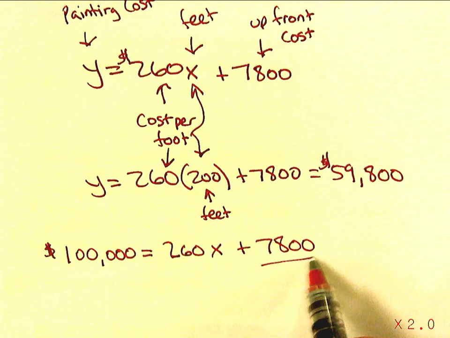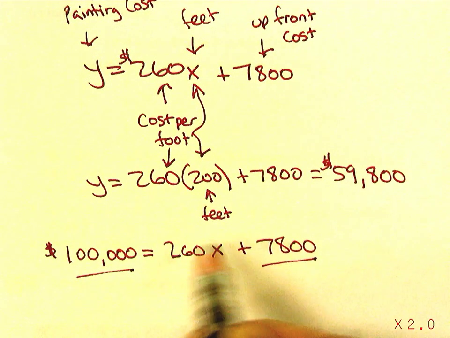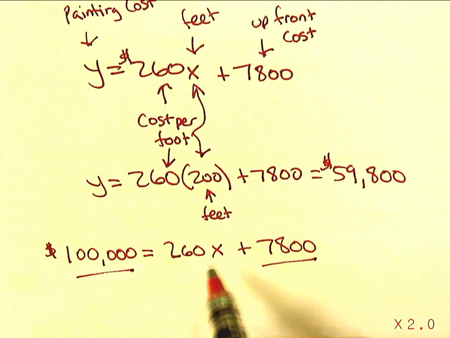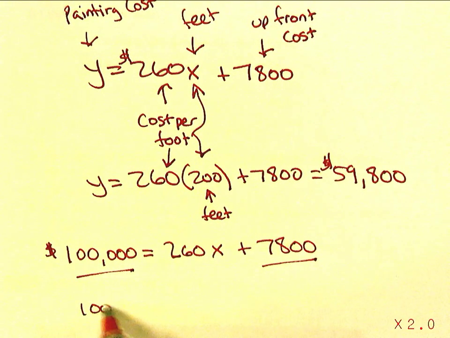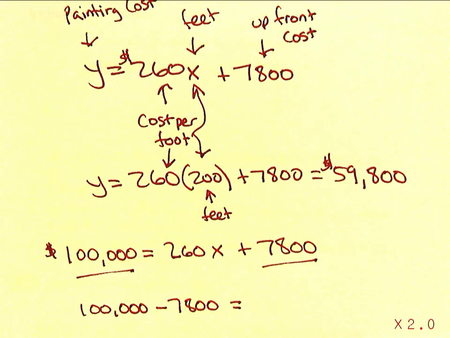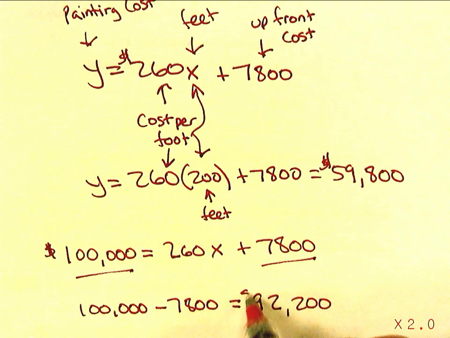So this amount has to come out of this before we can figure out the actual painting cost. So I'm going to take this 100,000 minus the 7,800, and that will give me the cost of the painting part, not the upfront fee, which is $92,200.